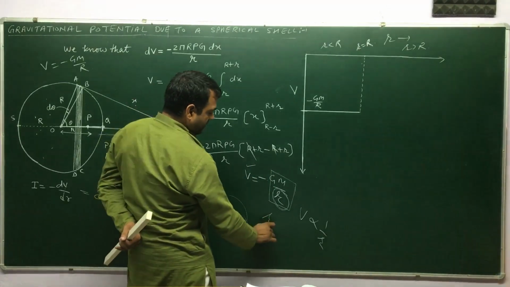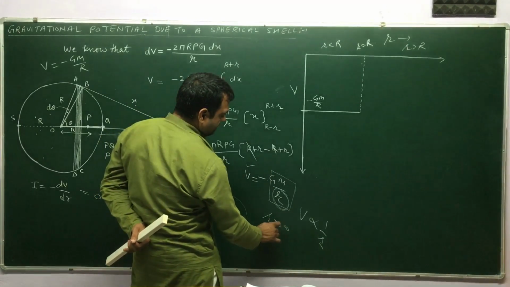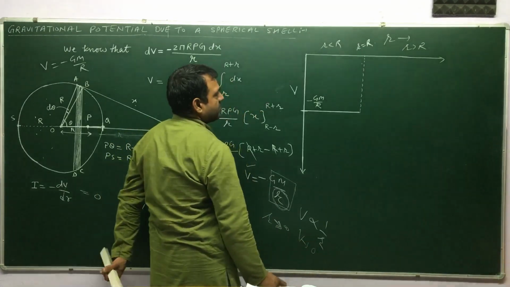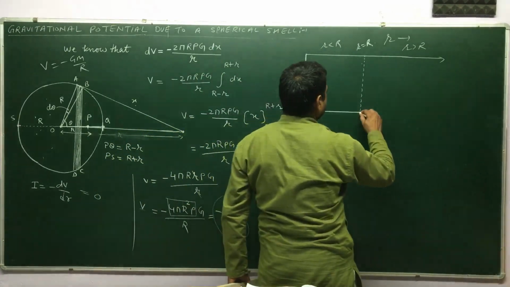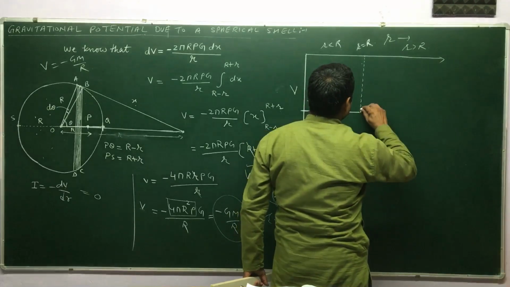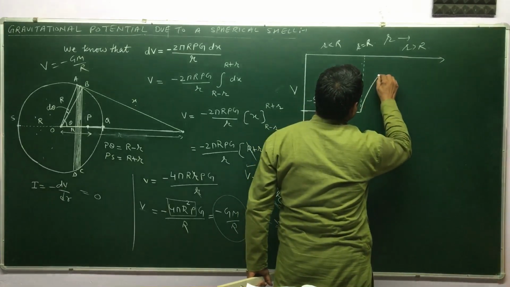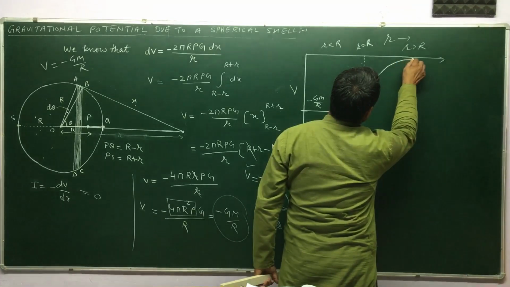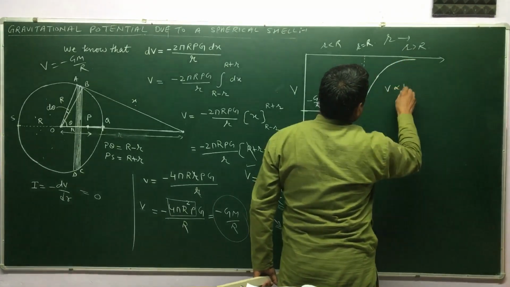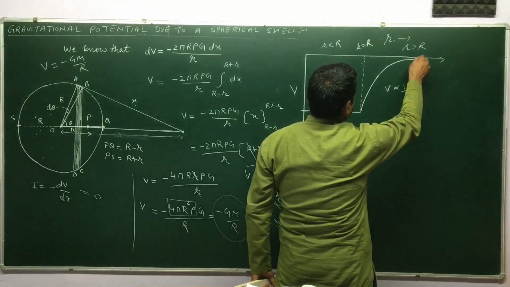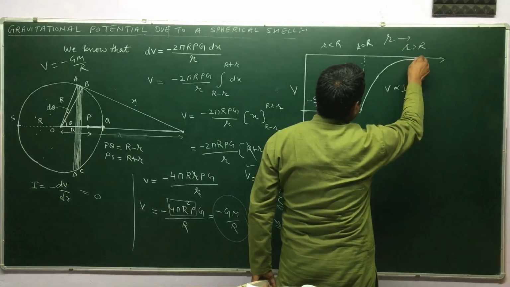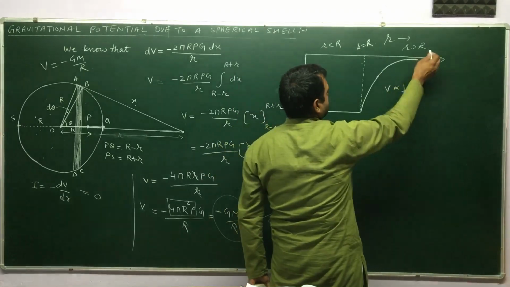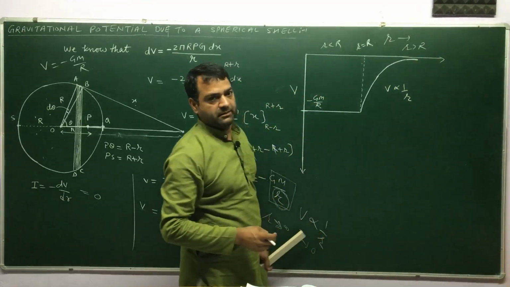And as r tends to infinity, V tends to 0. So its behavior will be inversely proportional to 1 upon r. So this will be the graph V proportional to 1 by r. And you can see you do not need to touch this graph with this axis, because it is going to touch only when r is infinite.